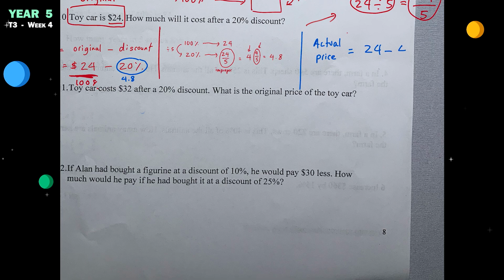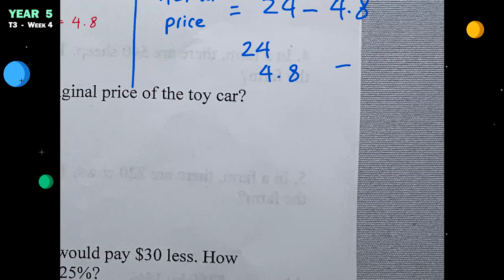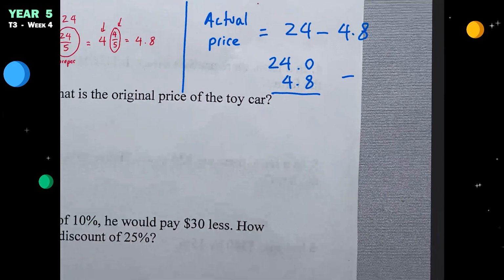Take away your $4.80, and you can just do a subtraction like this. Take away $4.80. Okay, the decimal place has to be in the right location, so there's no one there, and anything without a number will be 0. Just do a subtraction and you're done.